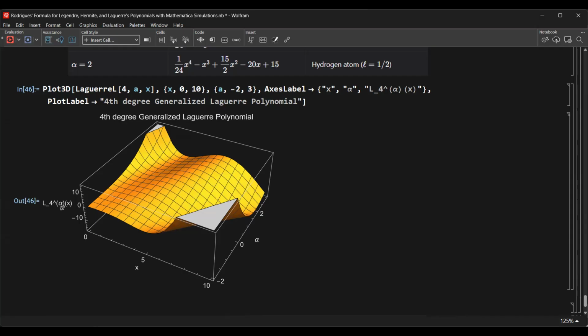If we vary the parameter from negative to 3, we have different values of the fourth degree Laguerre polynomial as a function of x and the parameter.